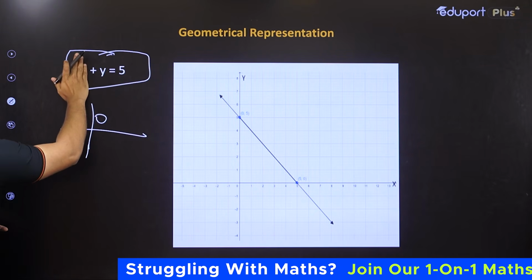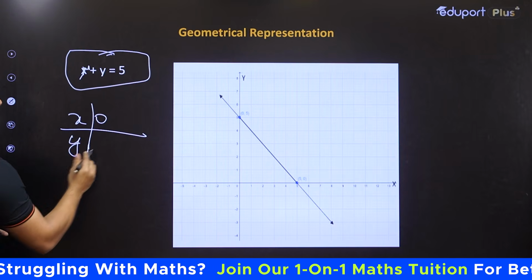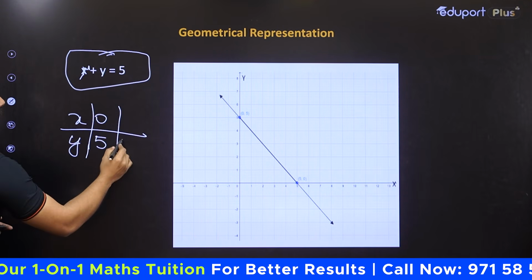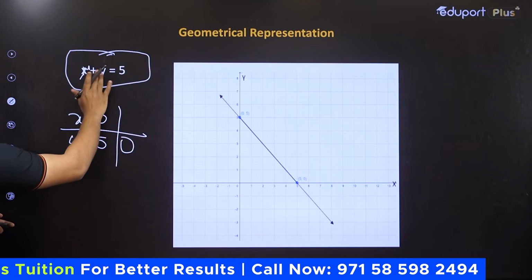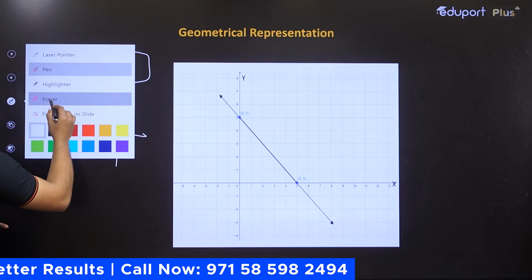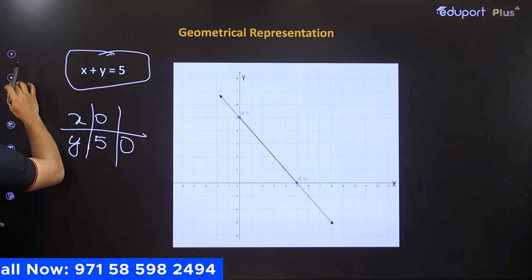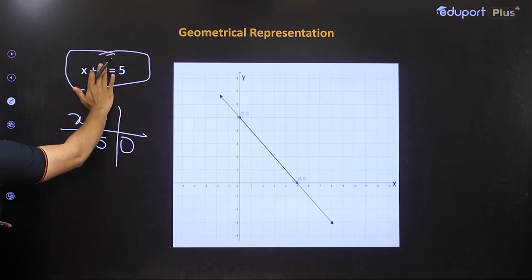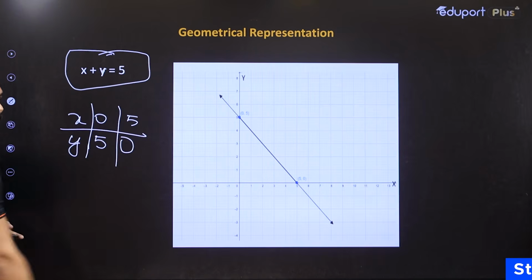If you put x is equal to 0, then y will be 5. Okay. If you substitute y as 0, then x will be equal to 5.